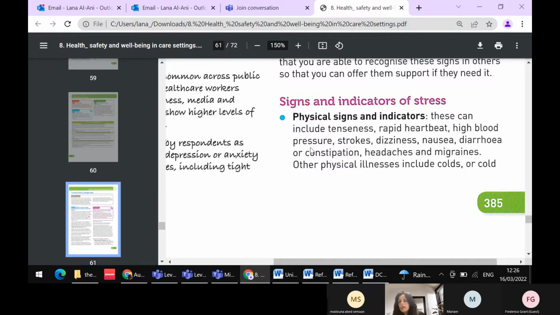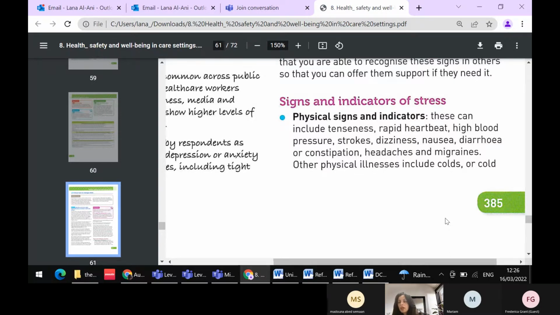It might cause stress, stroke, you might be dizzy, you might have diarrhea, might be constipation. It depends on your situation. You might become very angry, very cold, the way you act towards people will be different. All this is the physical signs.